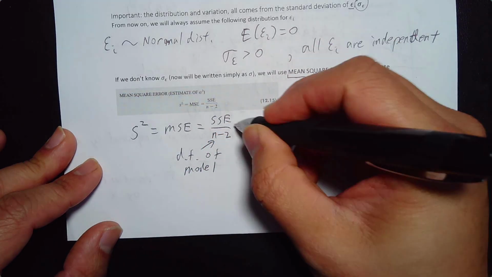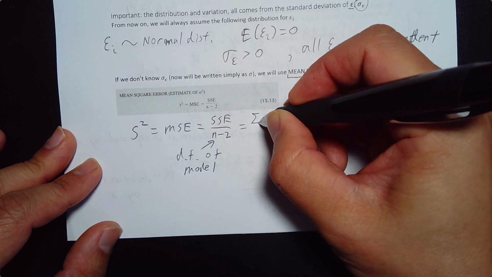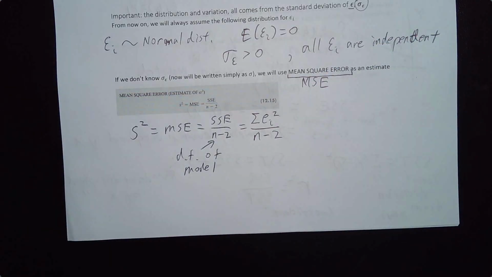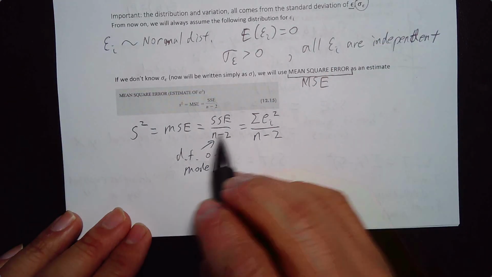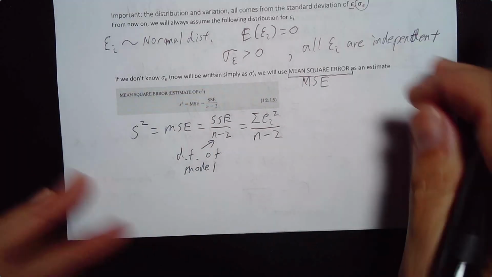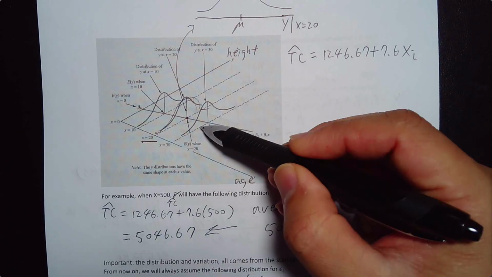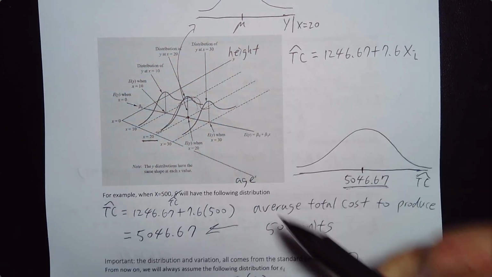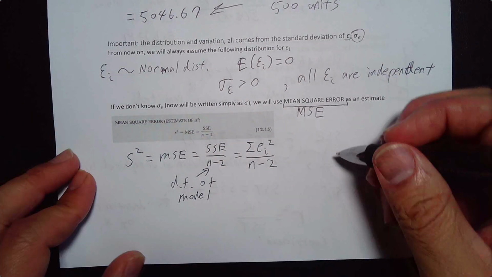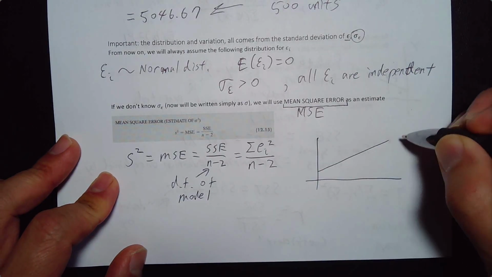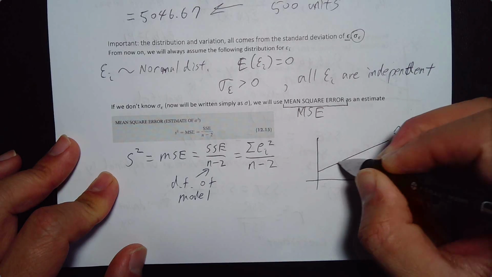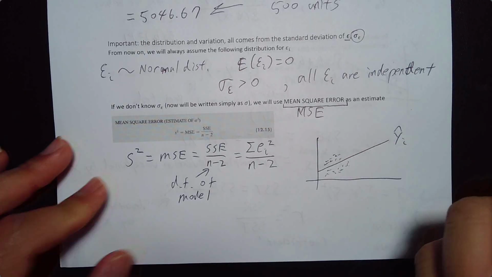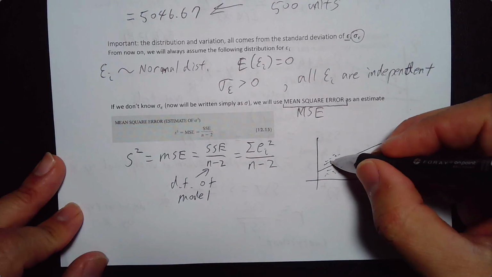And now remember what SSE is. SSE is the summation of e i squared, divided by n minus 2. And this should make intuitive sense. Here's the variation that we're talking about: how far is the population away from this regression equation? If we observe our predicted line, y hat i, and the line accurately predicts the data, then e i will be small.